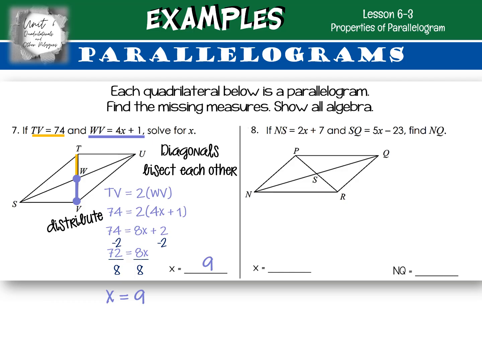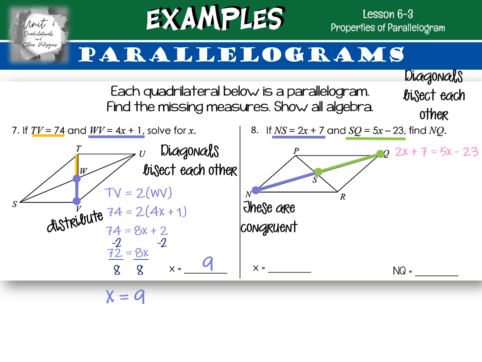Let's look at the next one. If length of segment NS is 2x plus 7, that's that part of the diagonal, and length of segment SQ is 5x minus 23, so the diagonals bisect each other, so those two segments should be equal.